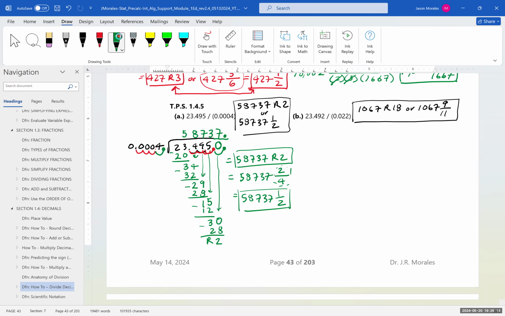All right, let's look at this other example here. Okay, so we've got 0.492 divided by 0.022.